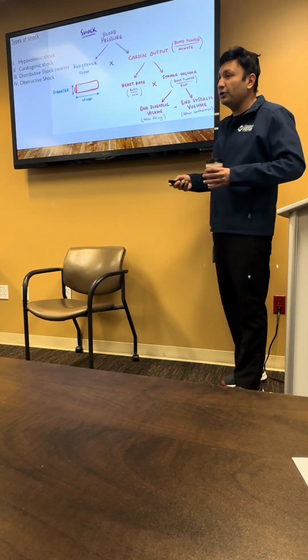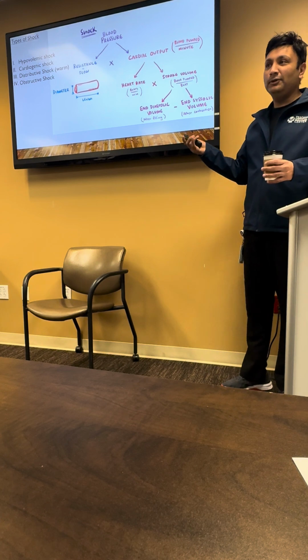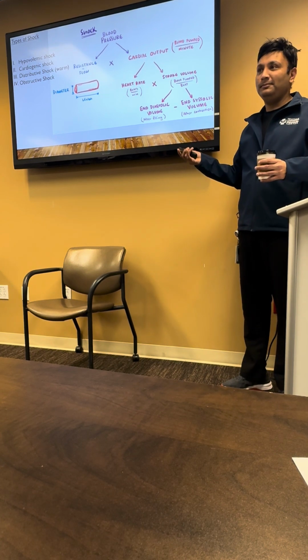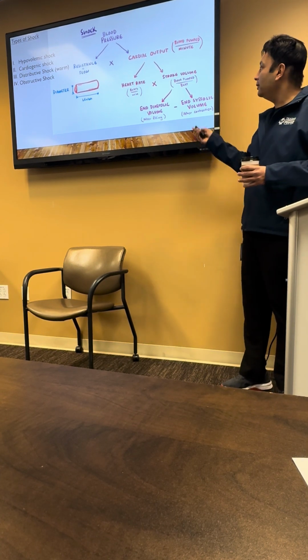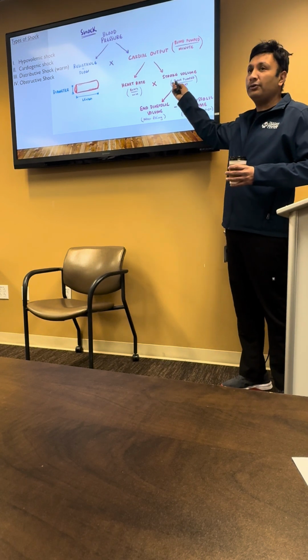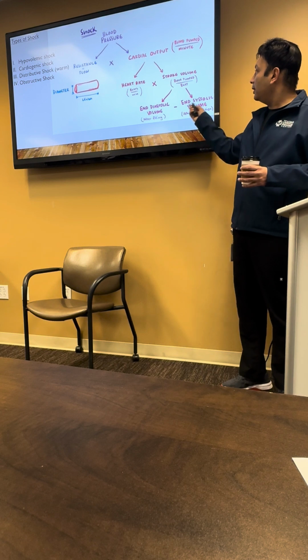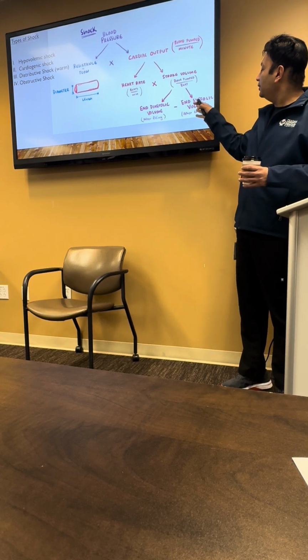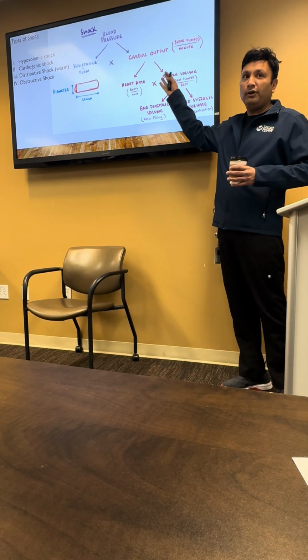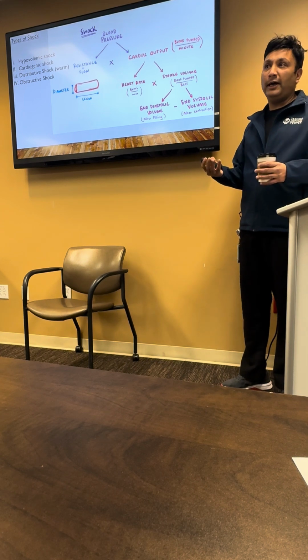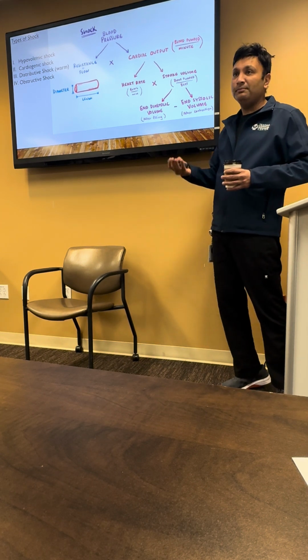And obstructive shock. Examples of obstructive shock: PE, big ones. You're not going to get much stroke volume. Your end diastolic volume is going to be high, this is going to be high, your net pumping is going to be low. So you're not going to have any forward flow in PE.